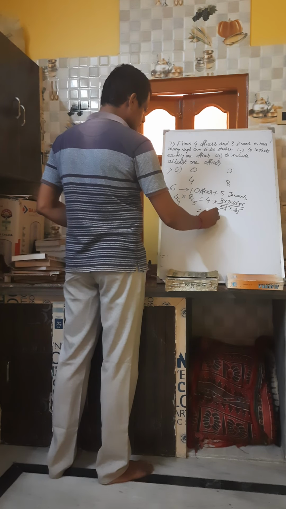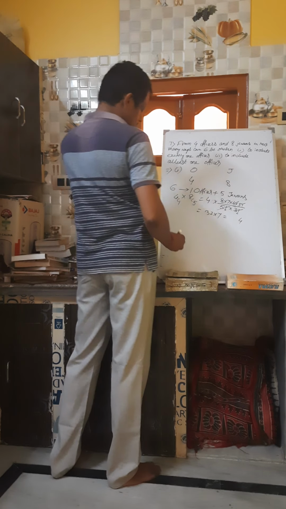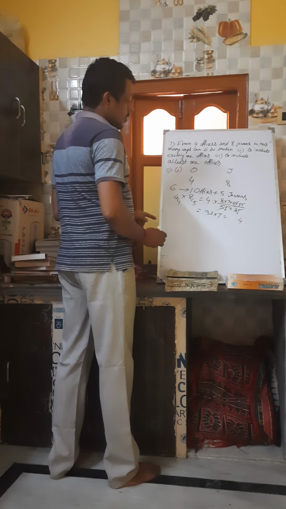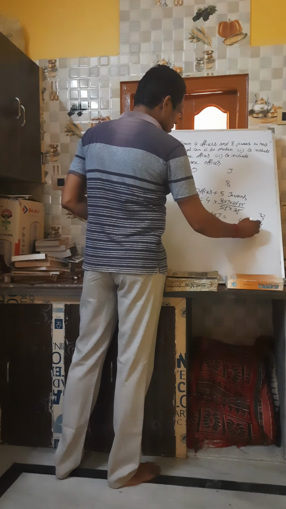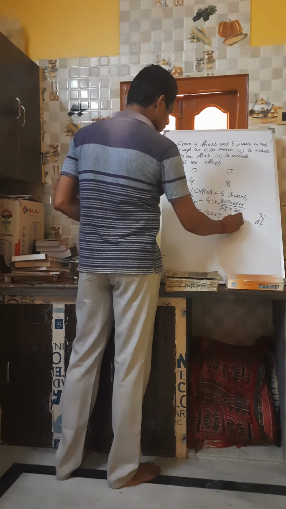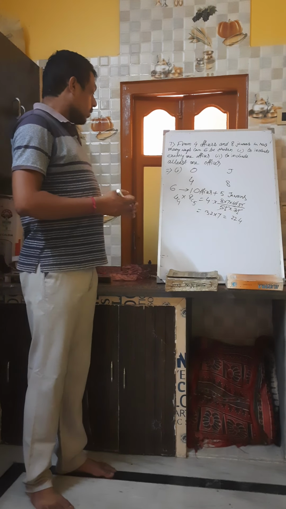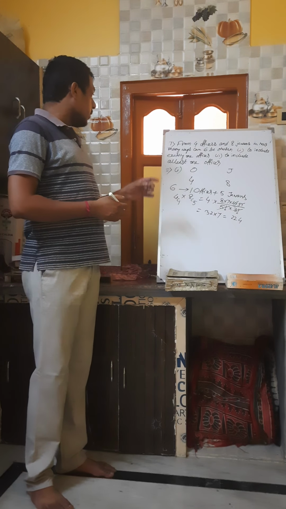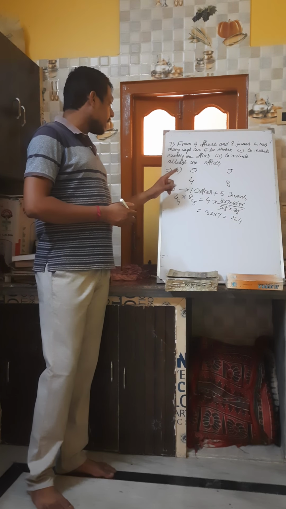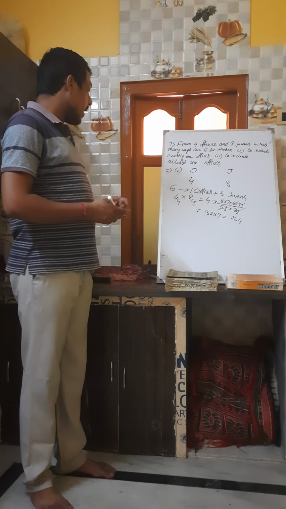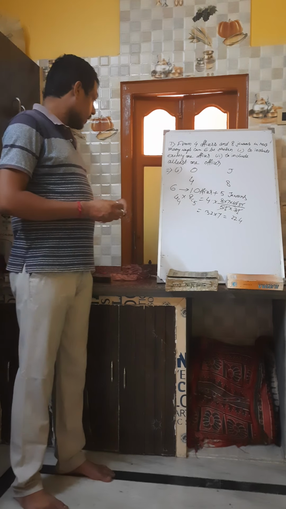So 4 into 8 is 32, into 7 is 224. So the number of ways in which a committee of 6 can be formed, with exactly 1 officer and 5 jawans, is 224 ways.